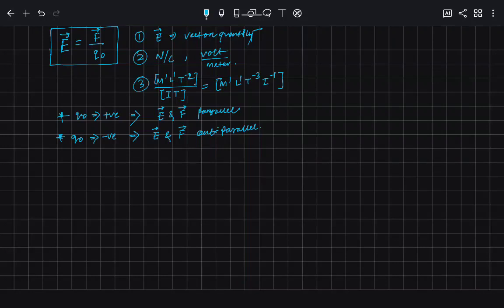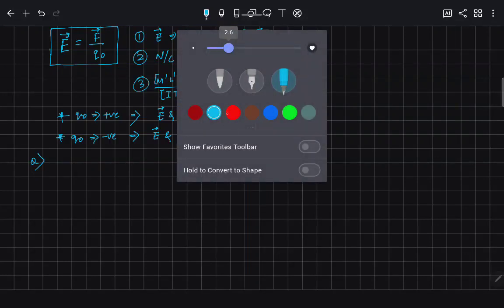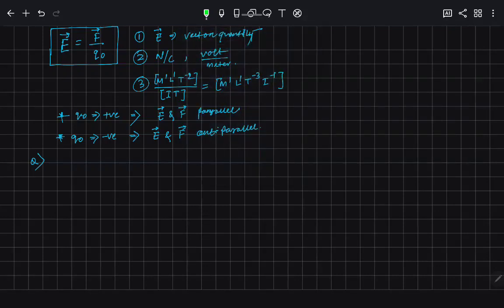Now if I ask one question, let's say there is some system of charges, and at some distance you put a 5 coulomb charge.